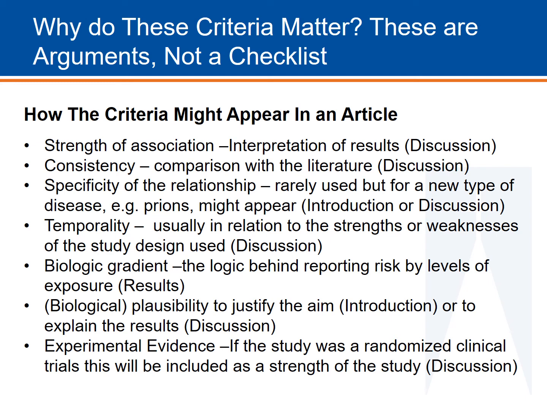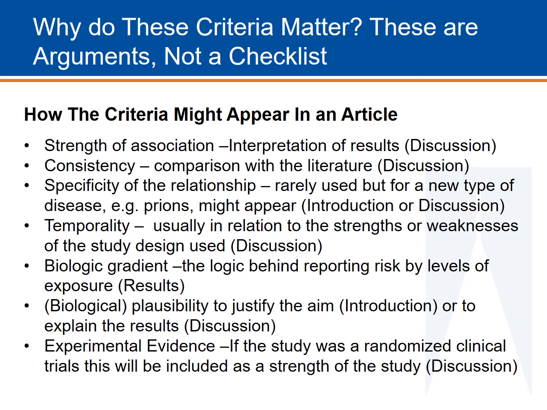That is an argument about temporality, even if they don't mention the word temporality, because the assessment that that is a weakness has to do with the fact that we look for a time relationship. We prefer longitudinal studies. Longitudinal studies help to support a causal relationship. Or they might say this was a longitudinal study, which is a strength of the results.